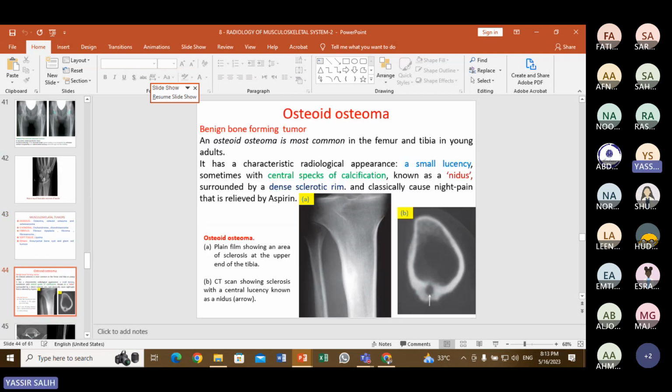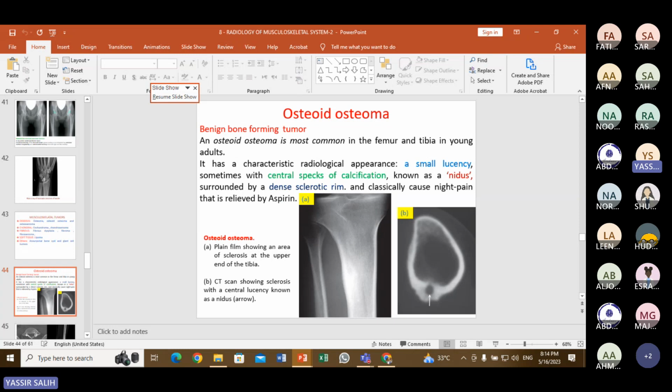Now, osteogenic sarcoma, osteosarcoma. What is the common age for osteosarcoma? From 5 to 20 years, because it has a bimodal distribution.